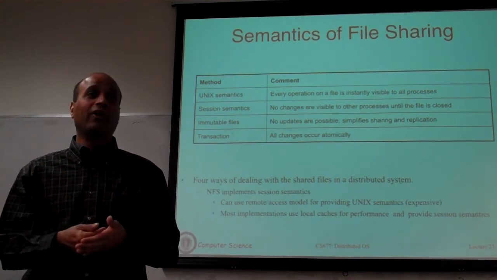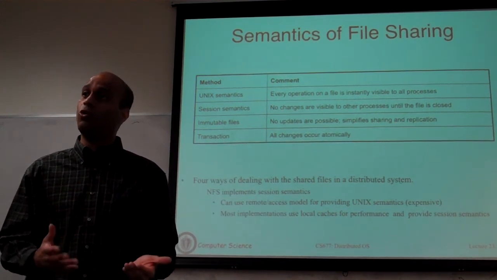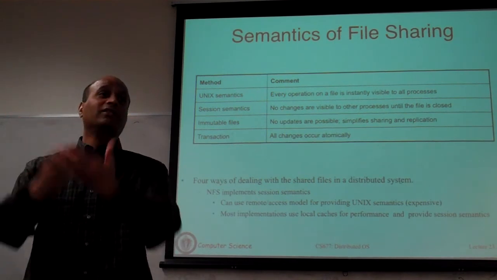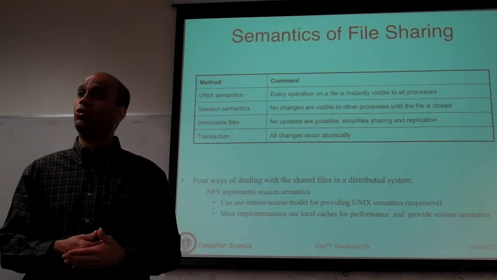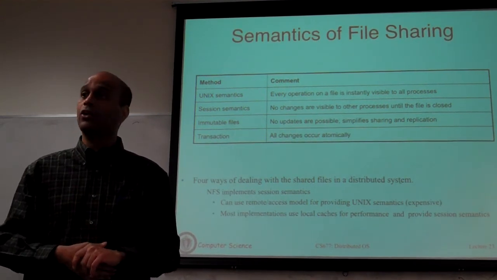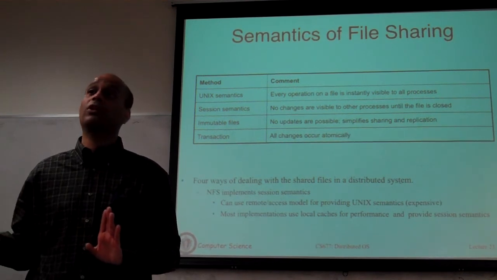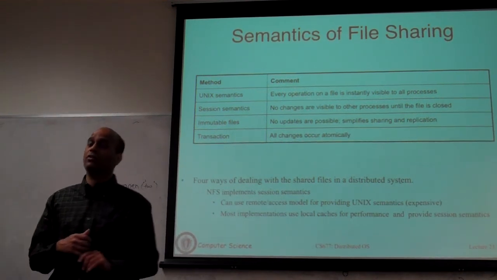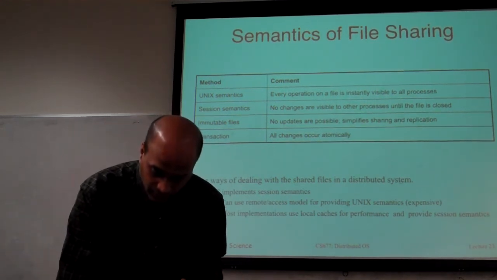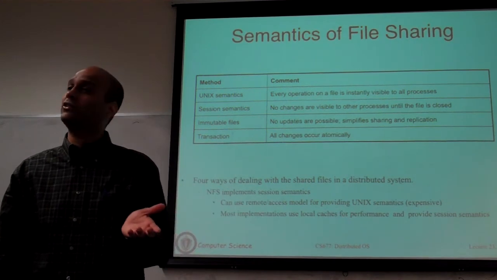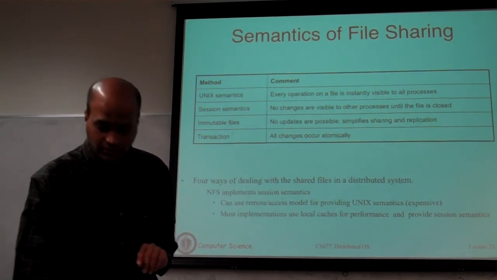So if you write to a file that is on an NFS server, it may take up to 30 seconds before your local OS actually sends that write over to the server, because the write may be cached locally and sent up to 30 seconds later. Because of this, consistency is much weaker. It may take up to 30 seconds before other machines are going to see that this file has been written. And this 30 seconds is an implementation decision. There's nothing in the NFS protocol that says it should be every 30 seconds.